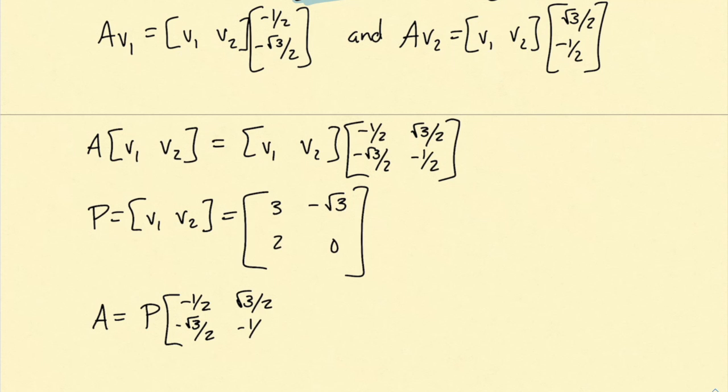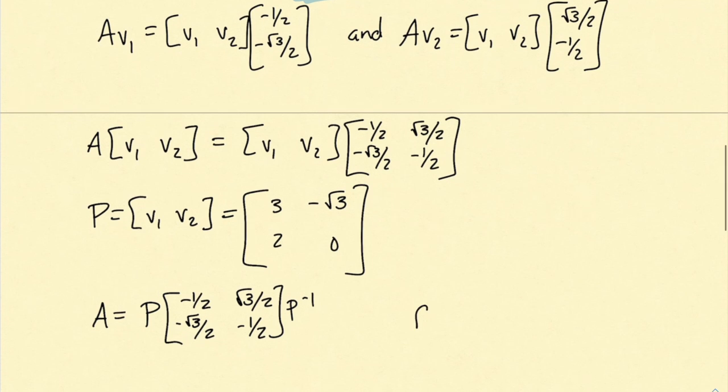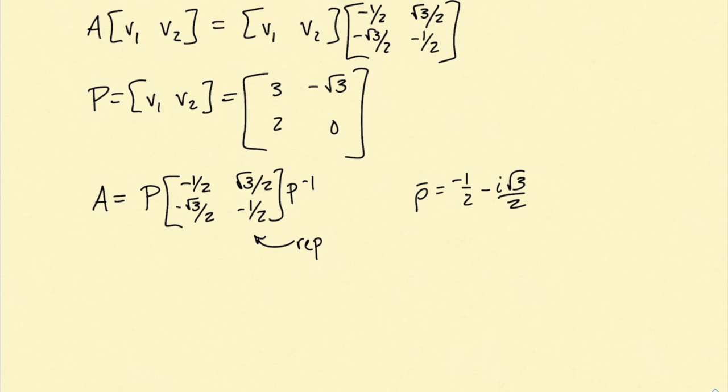We get a similarity. And if we remember that rho bar is the complex number whose real part is negative 1/2 and whose imaginary part is negative root 3 over 2, then this matrix represents multiplication by rho bar.